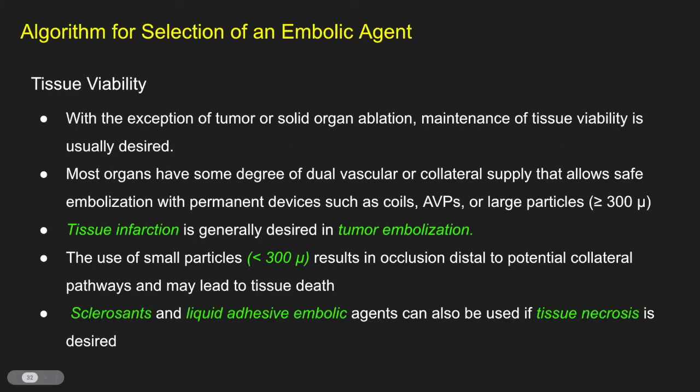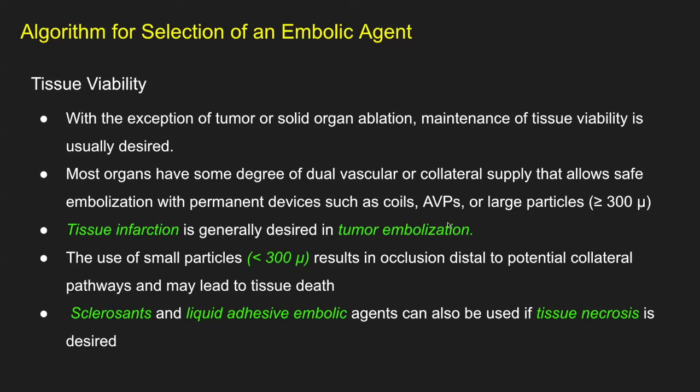So, tissue viability. With the exception of tumor or solid organ ablation, maintenance of tissue viability is usually desired. Most organs have some degree of dual vascular or collateral blood supply that allows safe embolization with permanent devices such as coils, plugs, and large particles.